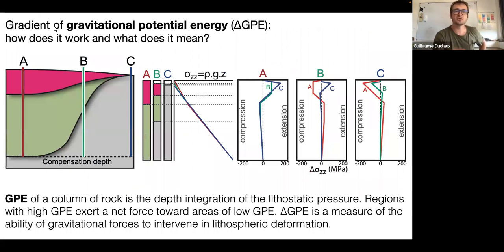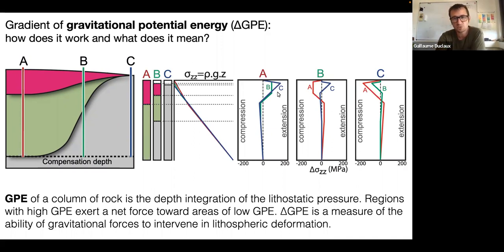To do this measurement, we use the gradient of gravitational potential energy, delta GPE. So it works very simply. You take a column here, or you take multiple columns here, and you assume that you've got a compensation depth here at which the pressure of this column must be equal. This is what isostasy is saying if you take a classical model.